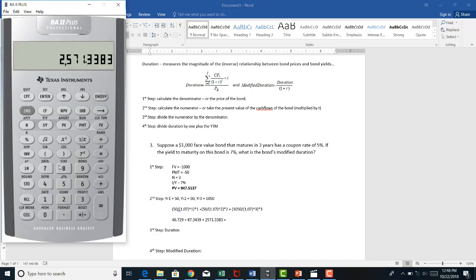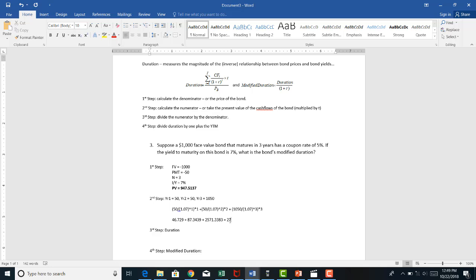Add that to 87.3439, and add that to 46.729. And I get 2705.4112. And there's the numerator of the duration formula.